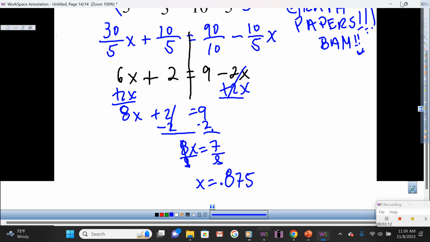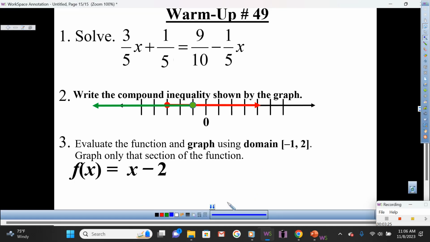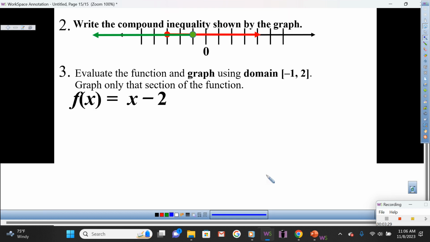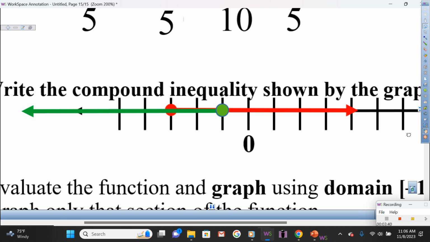Go. Number 2. Write the compound inequality. Tell your neighbor what you got before Martin enlightens us. What is your compound inequality? All right, Martin, go.